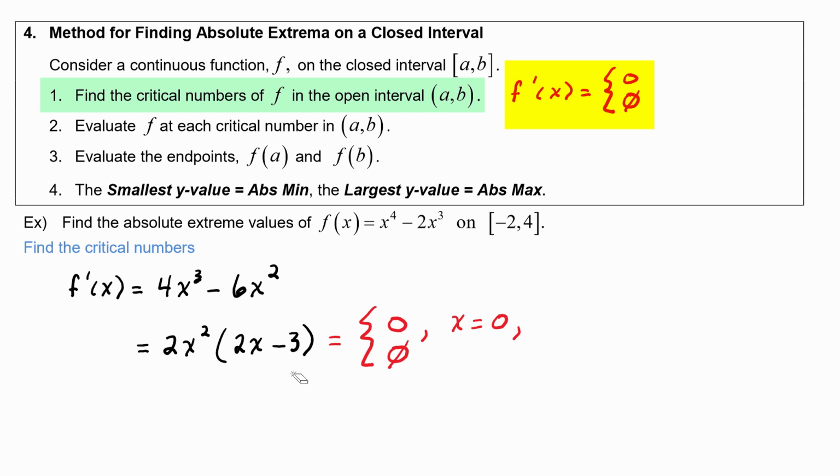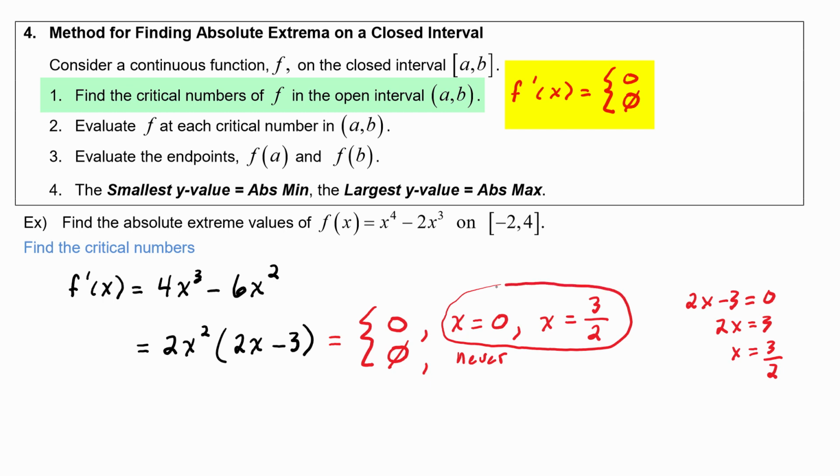From the second factor, that will equal 0 whenever x is equal to 3/2. And we got that by setting 2x minus 3 to 0 and solving for x. Now, a polynomial is never undefined, so it's never going to be a DNE. So that means x equals 0 and x equals 3/2 are the critical numbers.